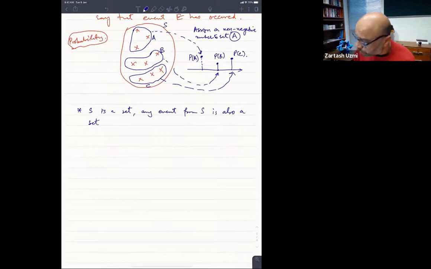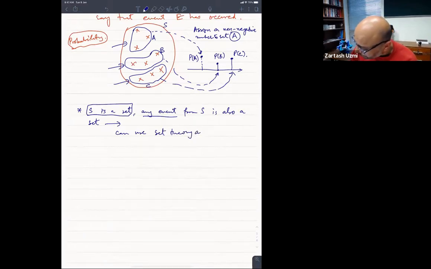It is also a set of some outcomes. Just as here A is a set of these three guys, B is the set of these three guys, and C is the set of these three guys. So since any event is a set and S, the sample space, is also a set, we can apply set theory and set algebra to it.